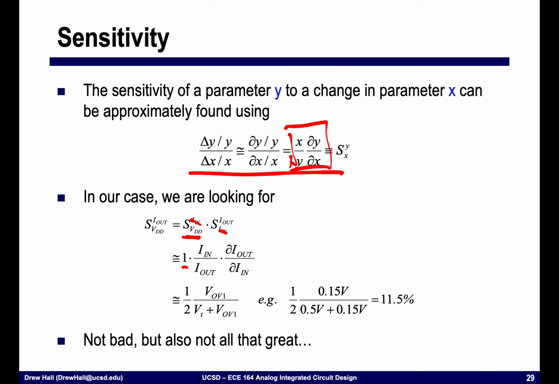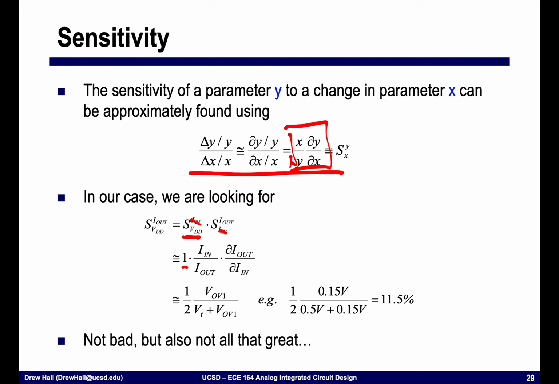And so the next one is we have to calculate how much the output current varies with respect to the input current. And so we're going to use the definition up here, and we'll get that it's equal to IN divided by I out times the partial of I out with respect to IN. And if we plug in the expression for I out to IN from the previous relationship, what we'll find is that it's equal to 1/2 times VOV1 divided by VT plus VOV1.